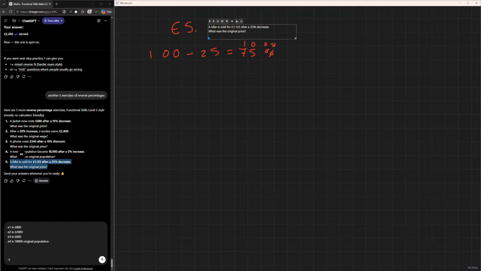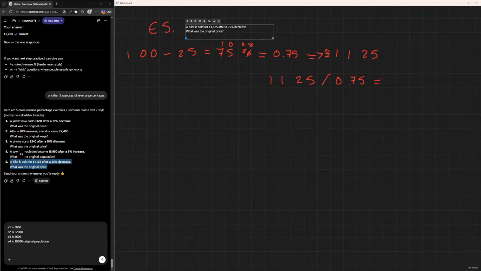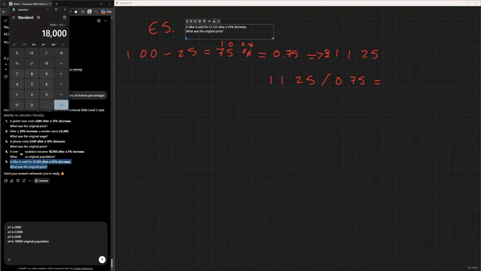So the modifier is going to be 0.75. So this one is 1125 pounds, and we divide 1125 by 0.75 to get our original price.